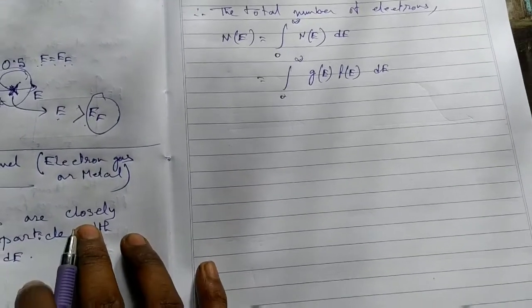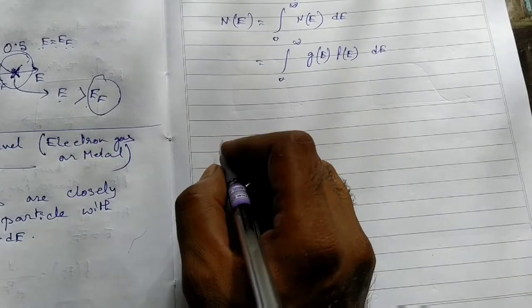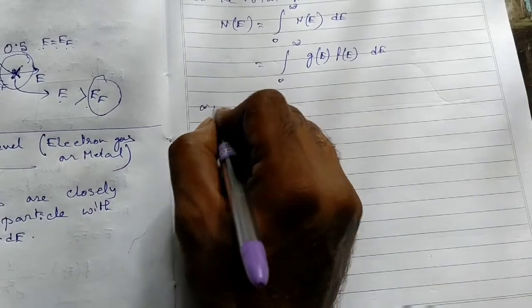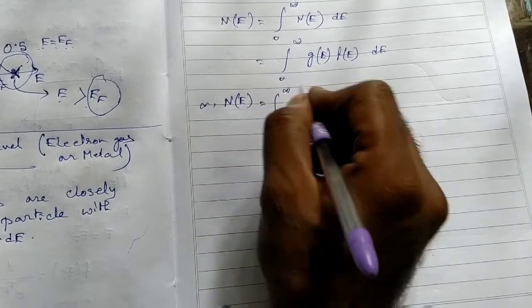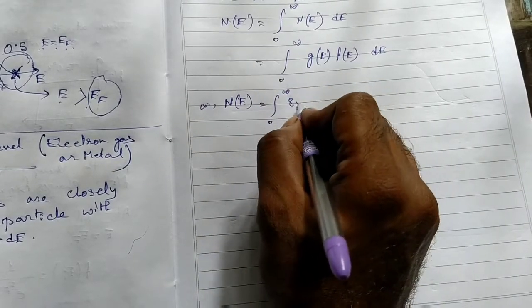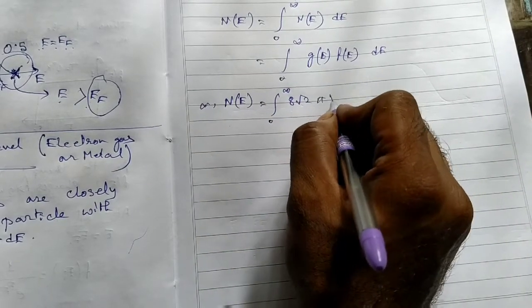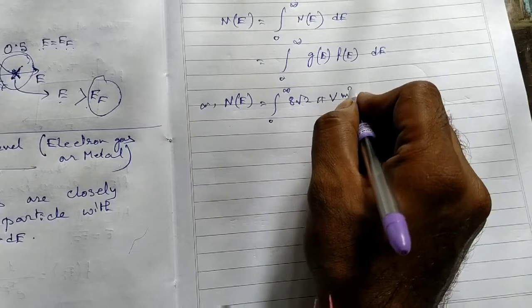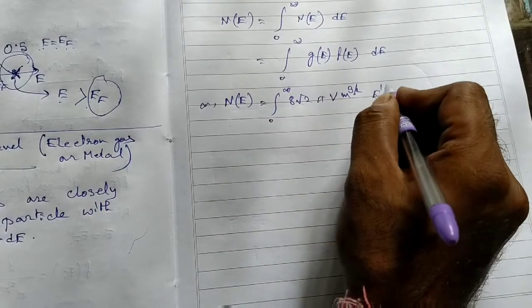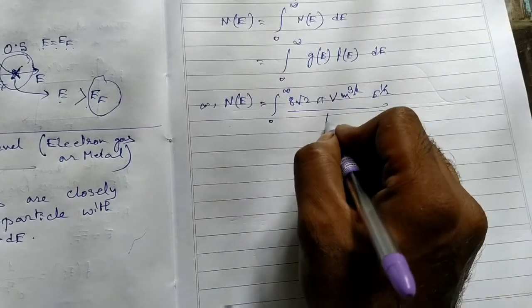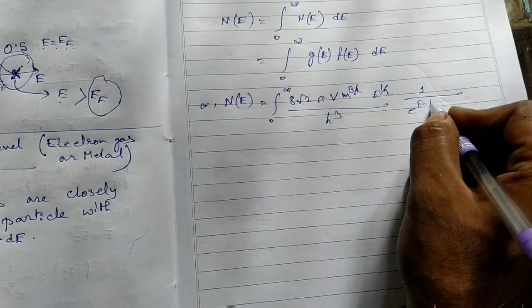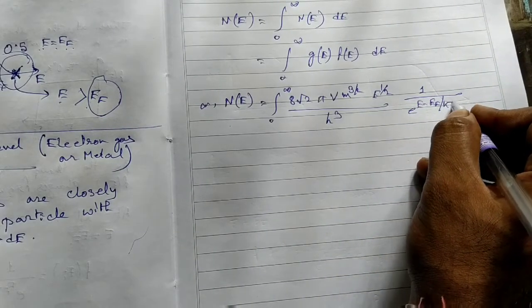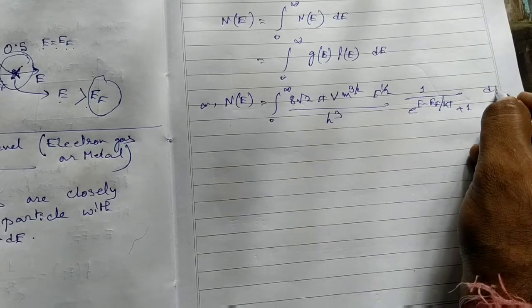Clear? N equals the integral from 0 to infinity of 8 root 2 pi V m to the power 3 by 2 E to the power half by h cube, times 1 by e to the power (E minus EF) by kT plus 1, dE.